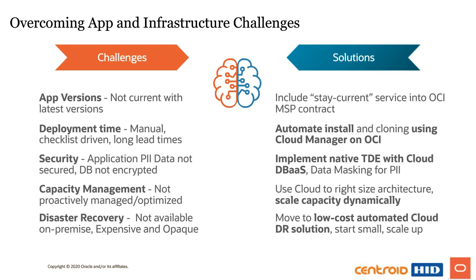And at the same time, not everybody's focusing on security or disaster recovery. I could tell you hundreds and hundreds of stories where organizations, when you talk about DR, think of having a backup as their disaster recovery or their continuity plan. And so HID had similar challenges across the app stack and the security in the DR.